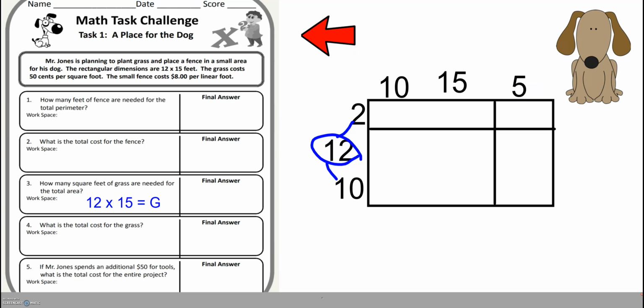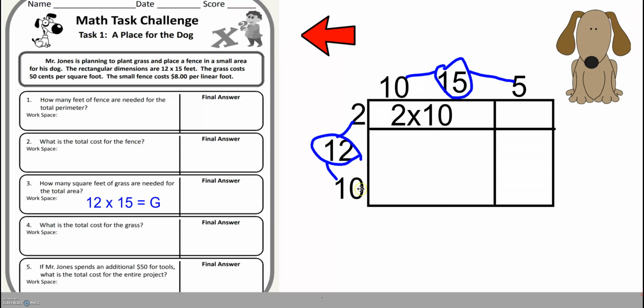Okay, so once again, I broke my numbers up into smaller units to make things easier for myself. Now, what I have here is 2 and 10. So in this box, I'll solve with 2 times 10.